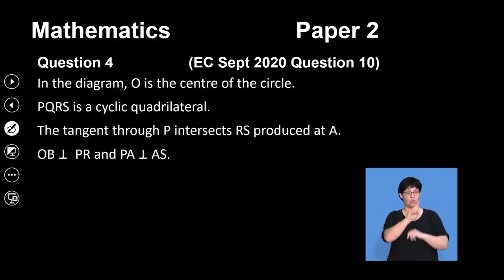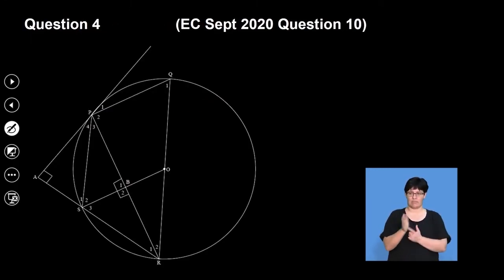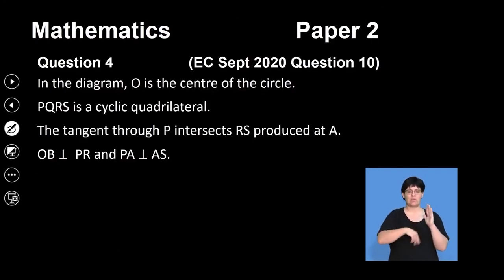Okay, so the last question, which is our Euclidean geometry, we're given some information about our diagram. Okay, there's our diagram. Let's read what we need to know about it. So we're told that O is the center of the circle. We're also told that PQRS is a cyclic quadrilateral.